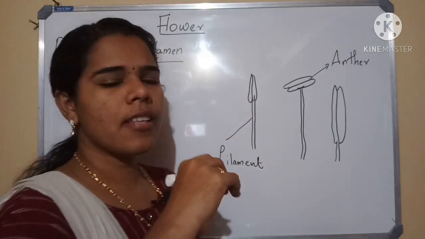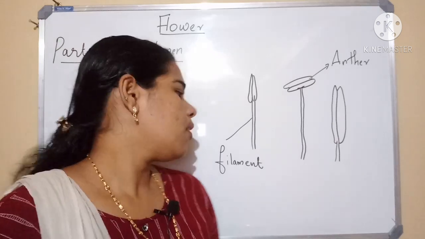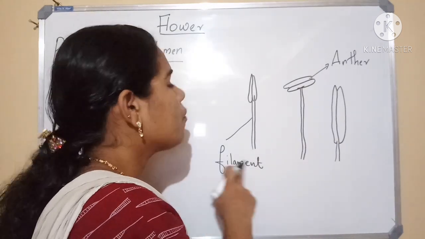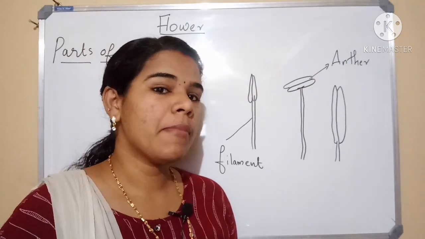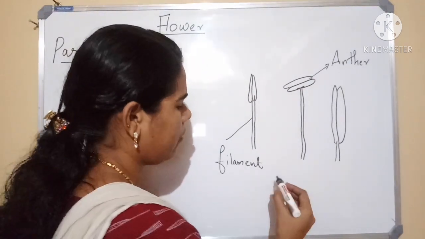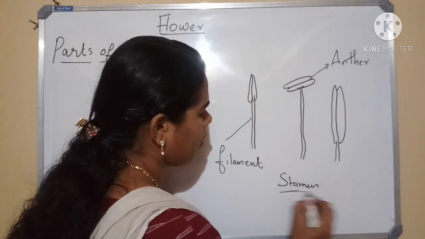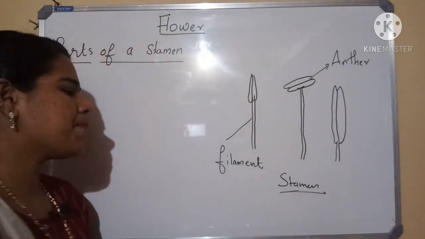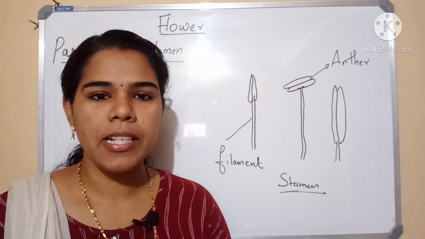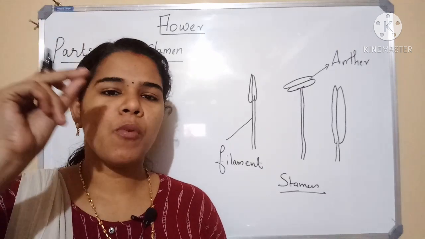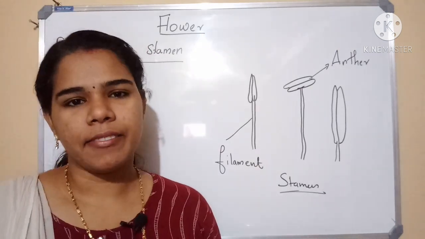So what are the two parts of a stamen? Filament and anther. The stamen has two parts, the long, narrow filament and the uppermost yellowish part, which is called the anther.